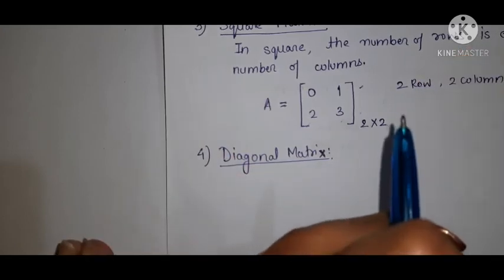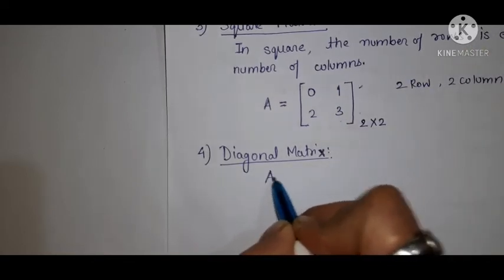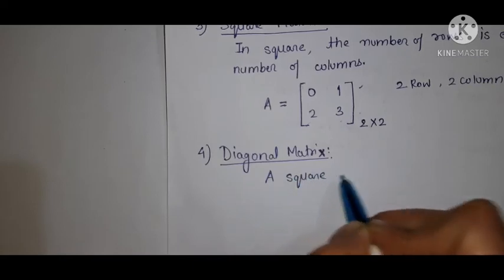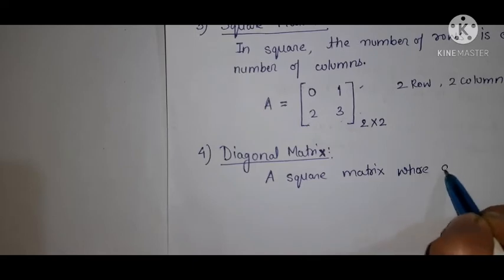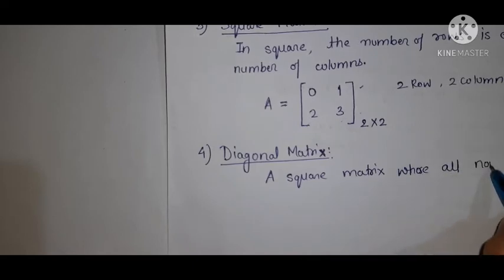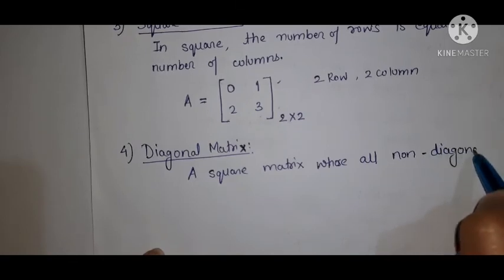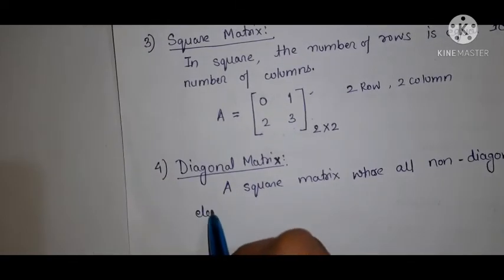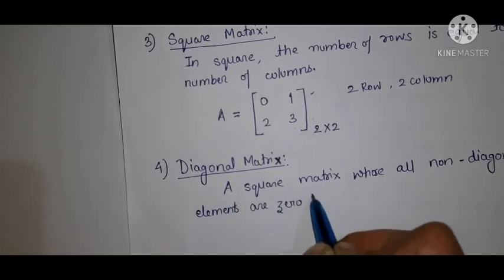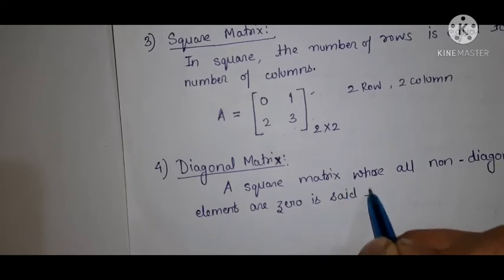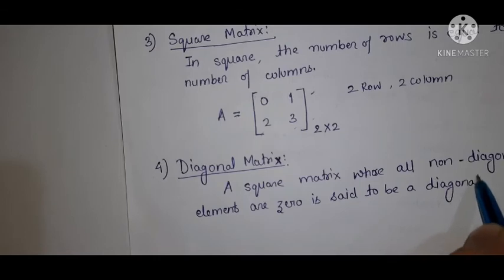Okay, means your rows and columns should be equal. So we write the definition. A square matrix whose all non-diagonal elements are 0 is said to be a diagonal matrix.